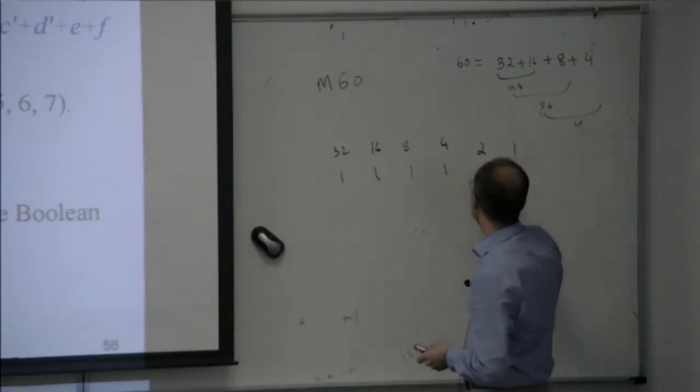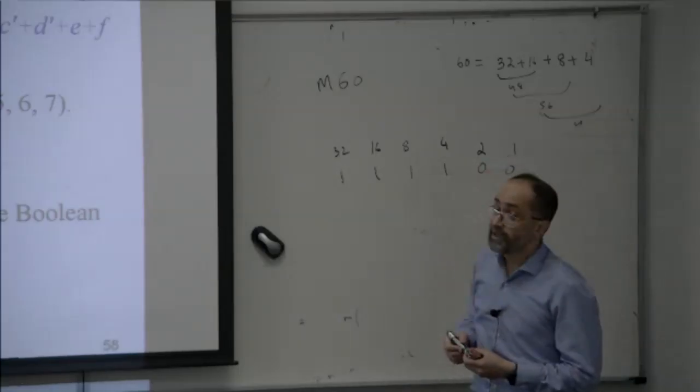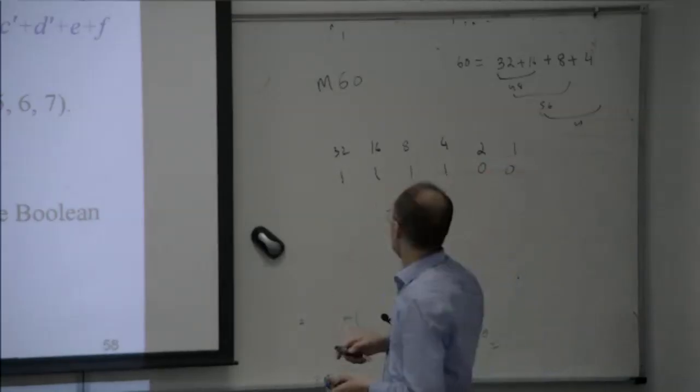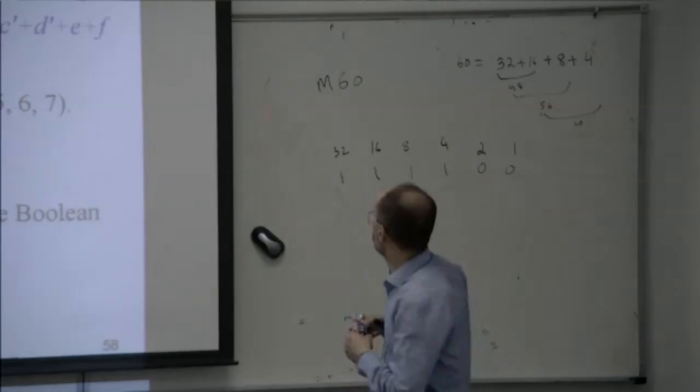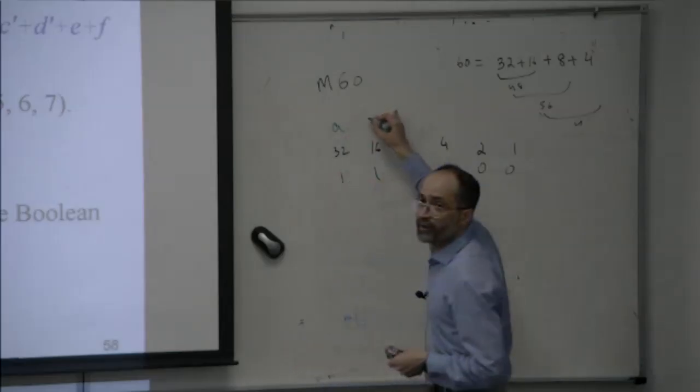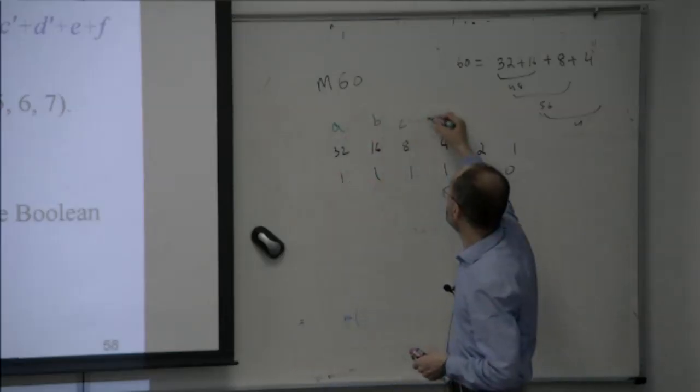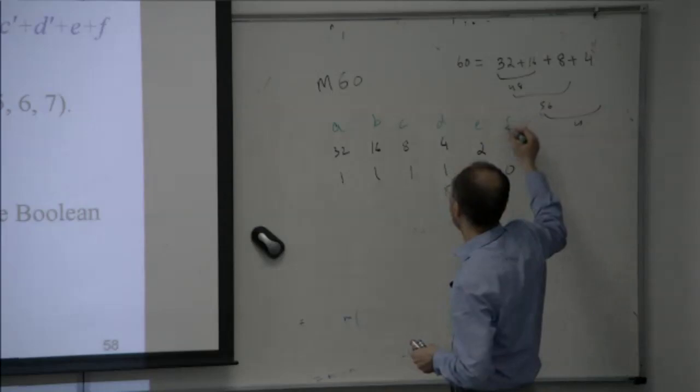So 1, 1, 1, 1, 0, 0. And please look at the order of variables. I told you, the first one is A, the second one is B, then C, D, E, and F.